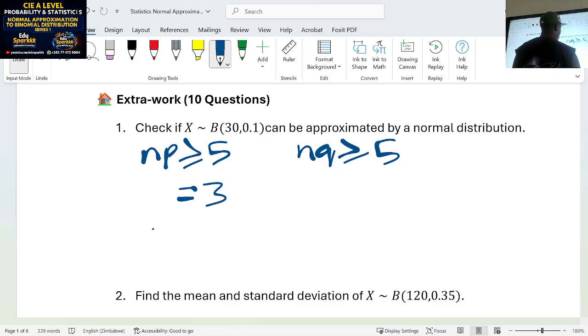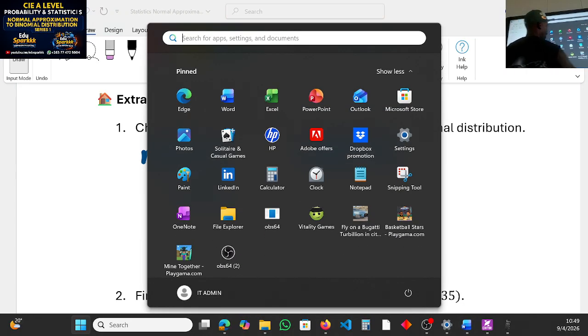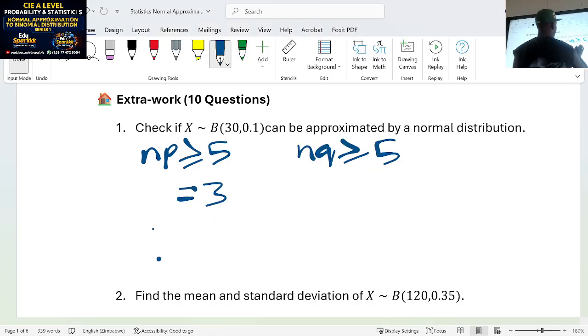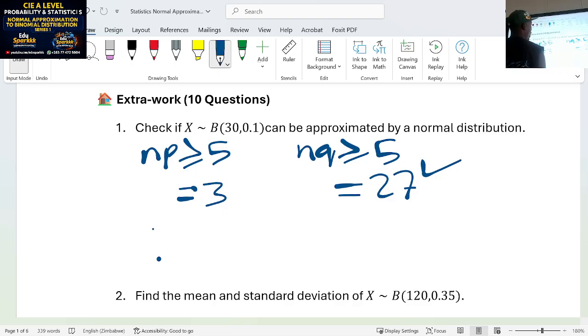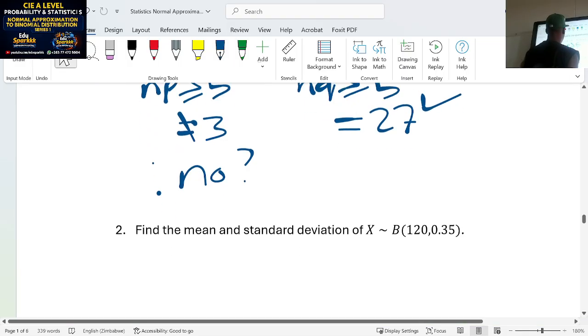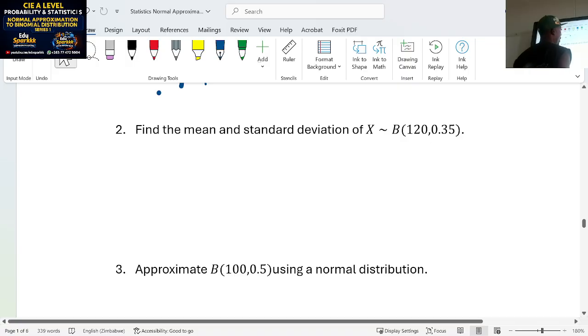And nq is 30 multiplied by 0.9, which gives 27. So one condition matches and the other fails. So can X be approximated by a normal distribution? The answer is no, it can't, because the first condition fails.